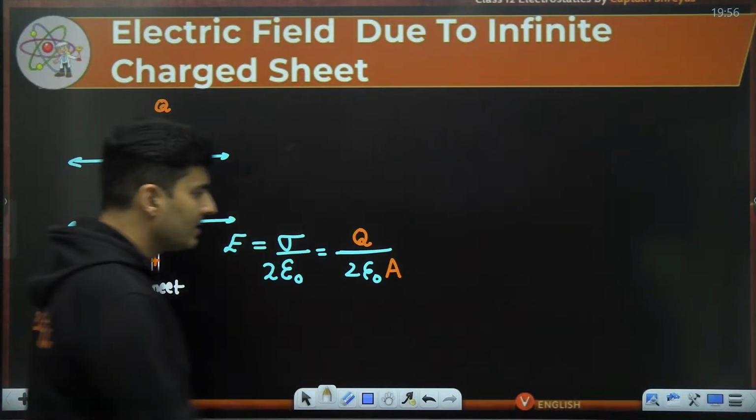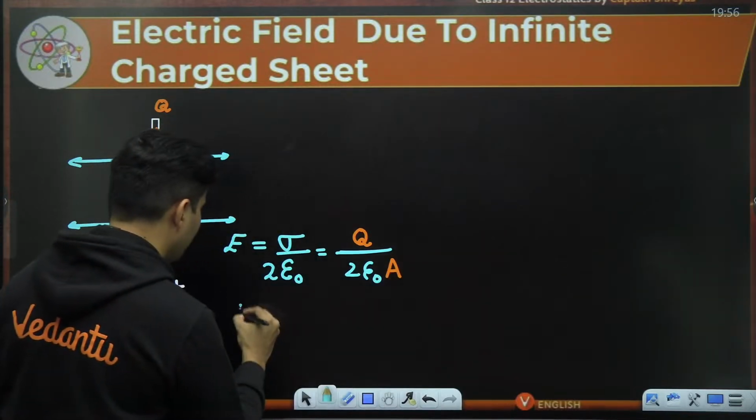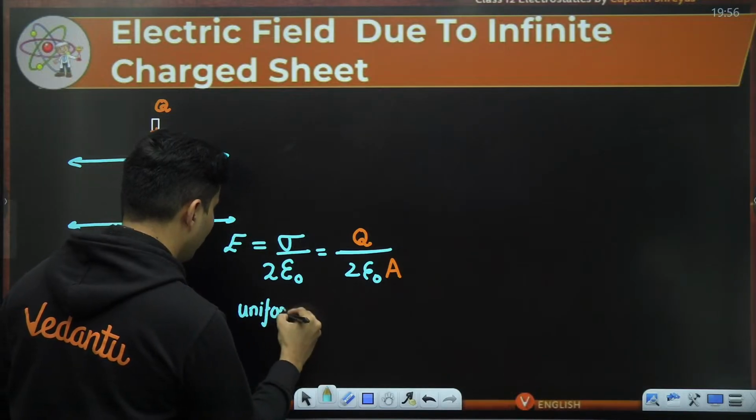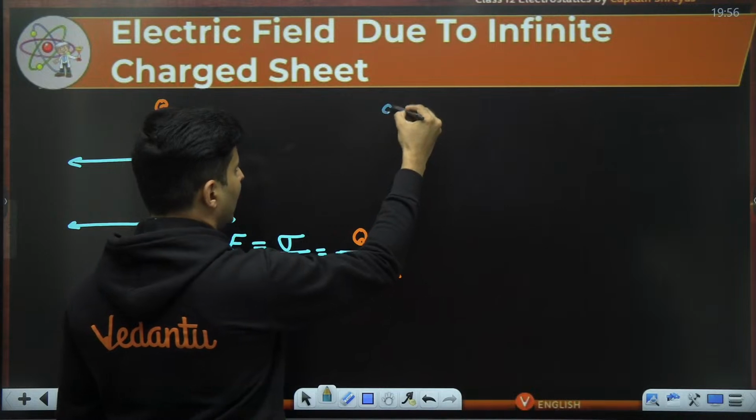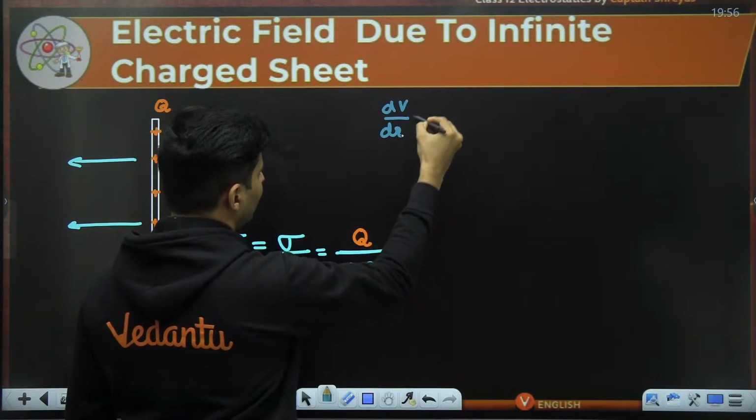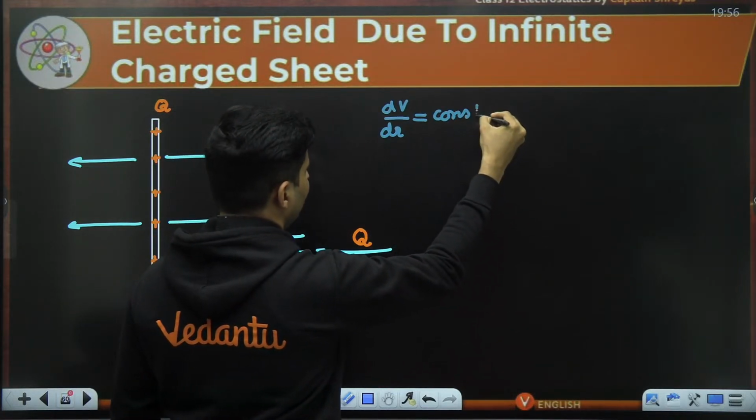Since this field is uniform in nature, I can clearly say that dV by dr is also going to be constant.